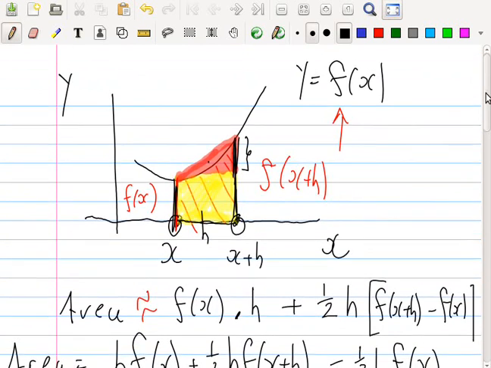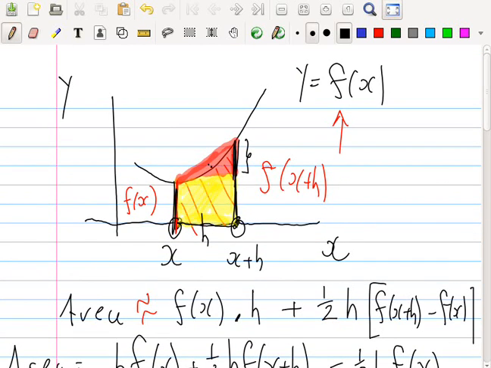Now, getting to the end, if I look at this, imagine I draw a tangent line here. What symbol do I use to represent the derivative? It's delta. Come on, please, you're not that tired. Delta y over delta x.